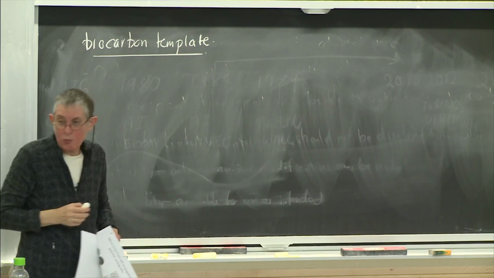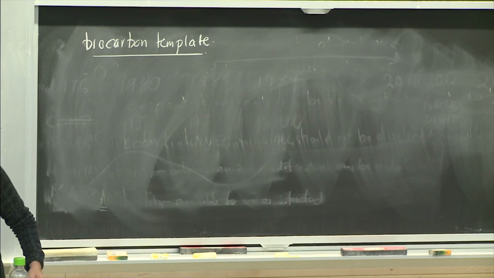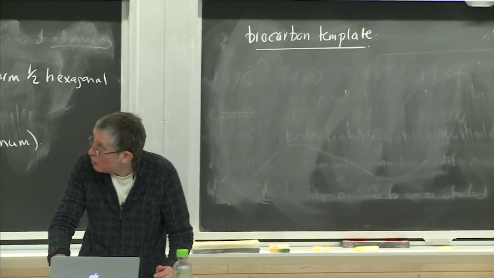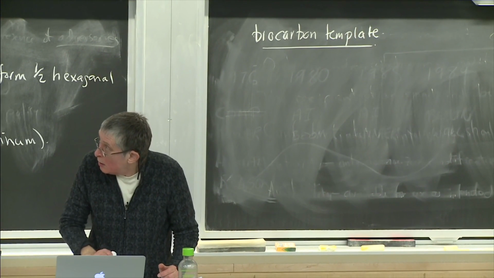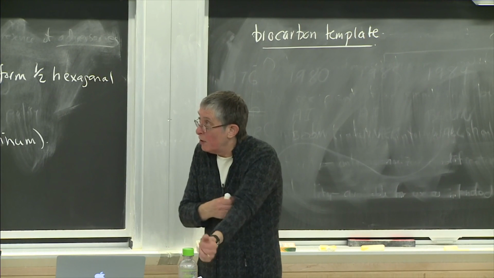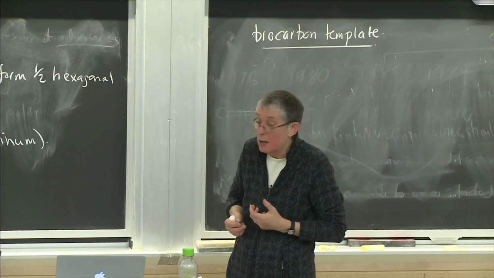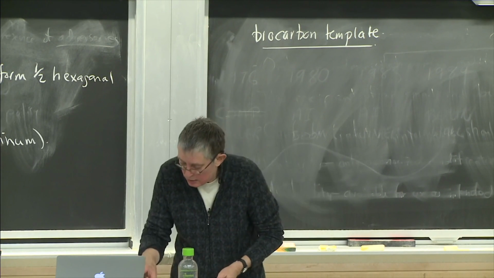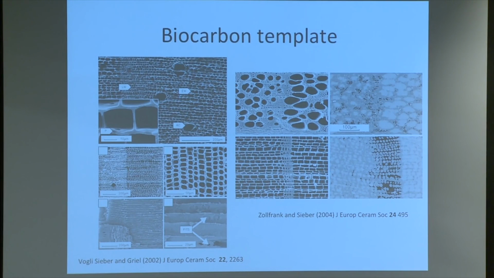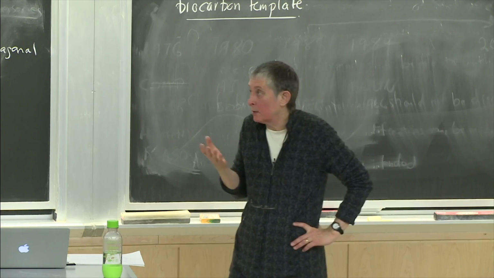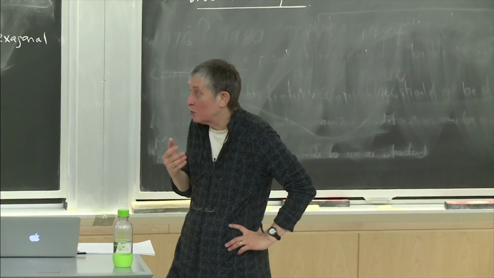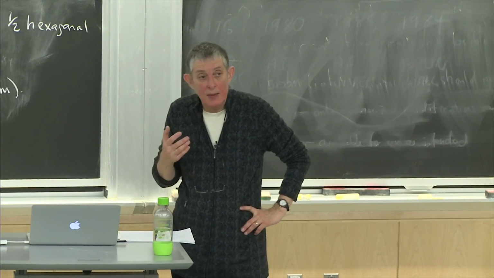Another kind of interesting way that people have made honeycombs, and here's another example of the honeycombs that are 3D printed, is a biocarbon template. What that means is that these materials are based on wood, but none of them are actually wood. They take wood, like pine or beech or some kind of wood, and they carbonize it.